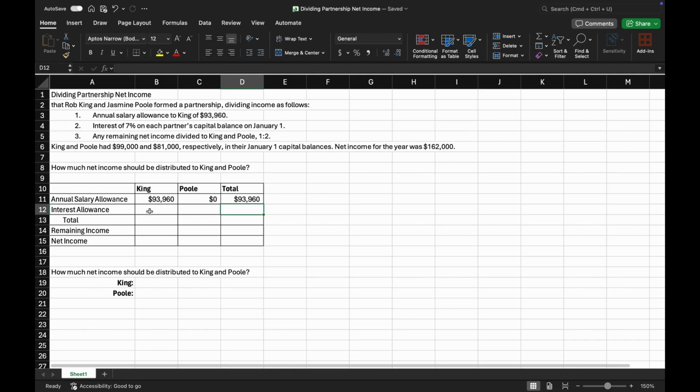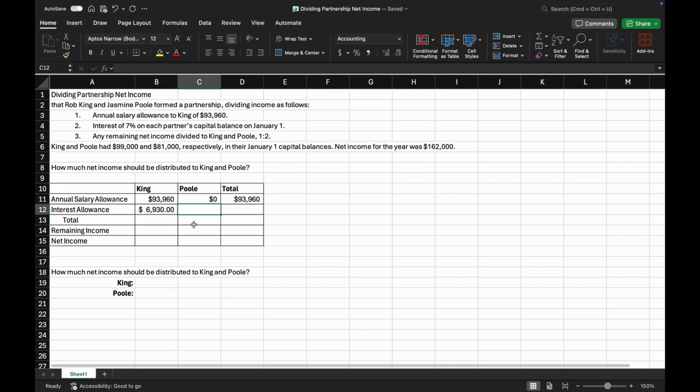To do this, we must multiply each partner's capital balance by 7%. For King, we must do $99,000 times 7%, which comes out to $6,930.